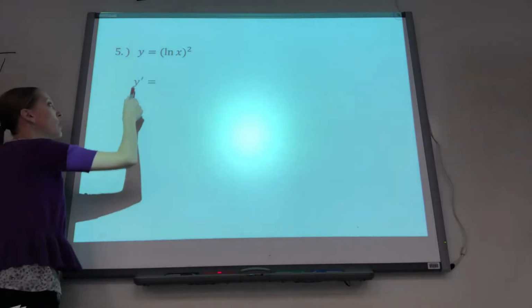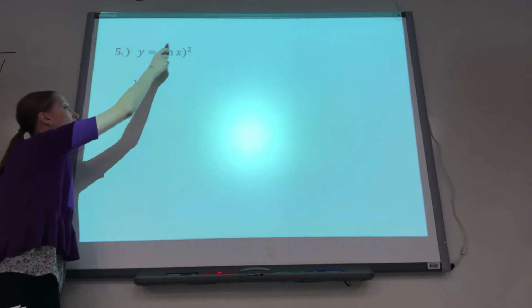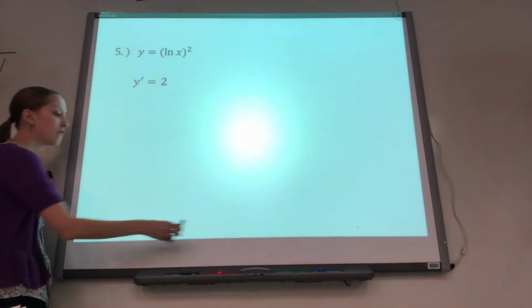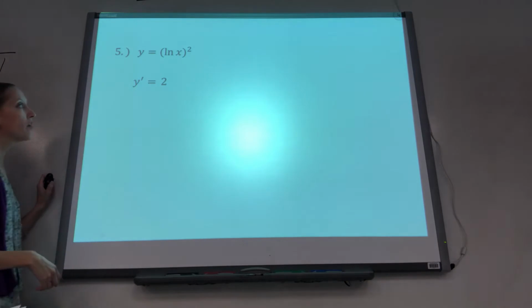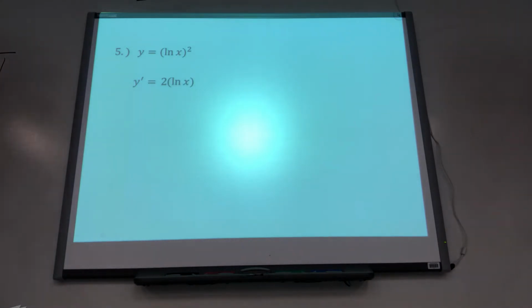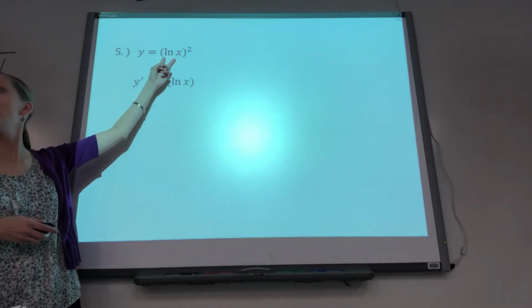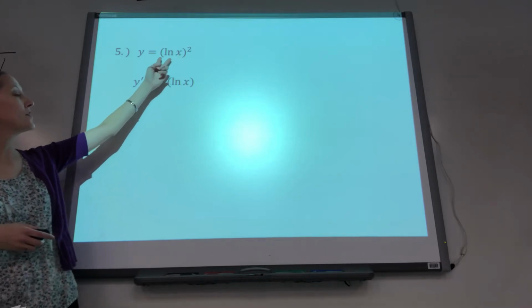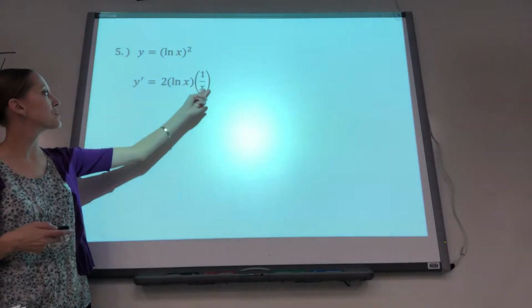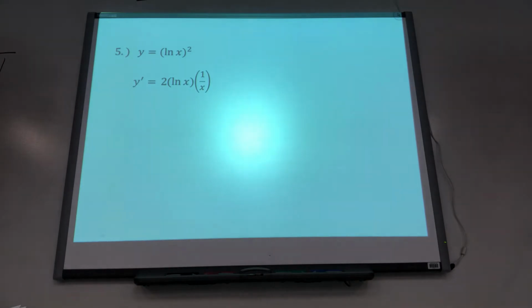Chain rule. So for the derivative here, I'm going to pull the power out front, make it to the 1 less power. That would be like the natural log of x, all of it to the first power. But then come back and take the derivative of the part in parentheses. Derivative of natural log of x is just 1 over x.